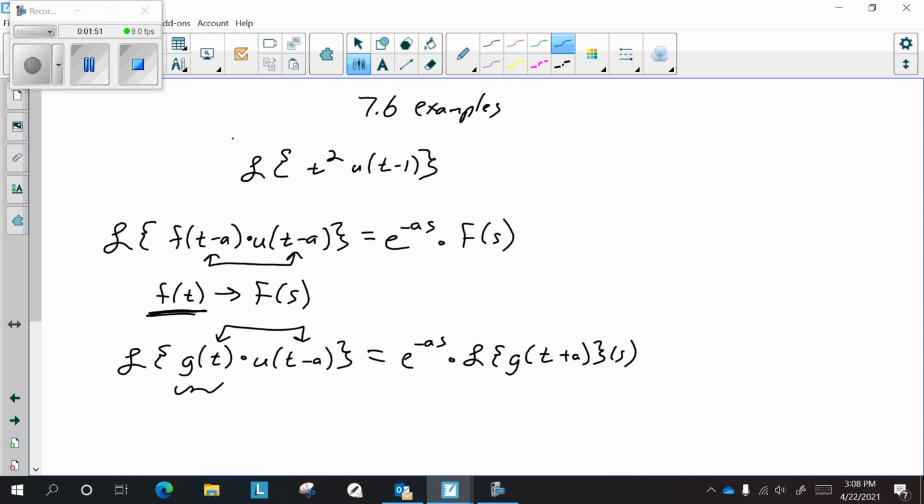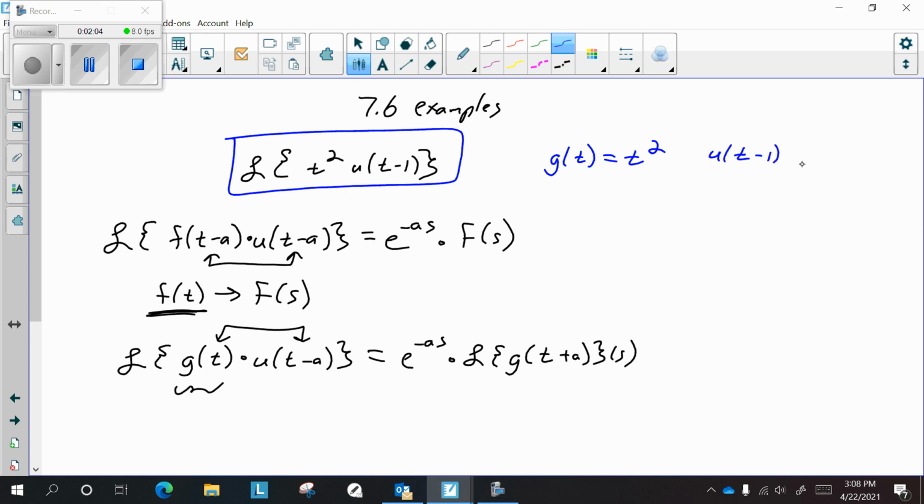We want to transform t squared u of t minus 1. So our function that we're transforming is t squared, and our step has an a value of 1. So basically our switch turns on at 1, and from 1 to infinity our switch is on. From 0 to 1 our switch is off.